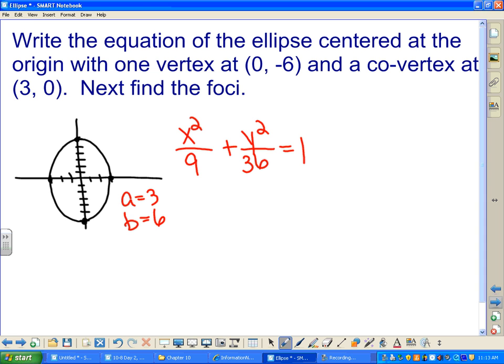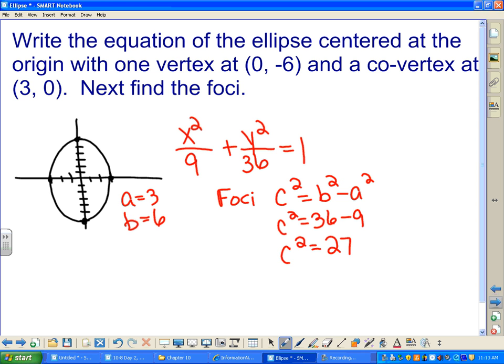Now, how are we going to get our foci? Okay. It's going to be B squared minus A squared again. So C squared is going to be 36 minus 9. So that's 27. So C is plus or minus 3 root 3.